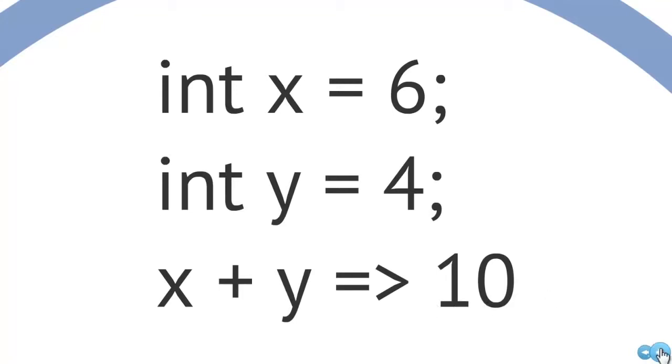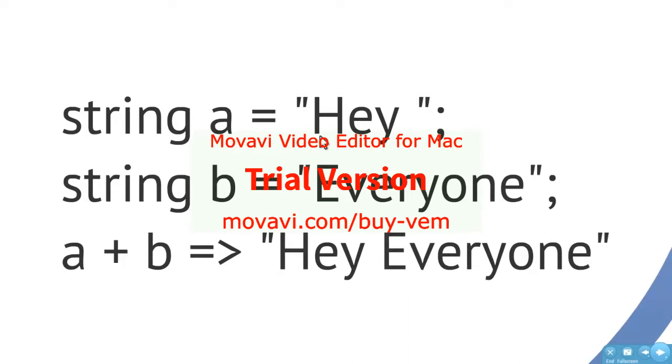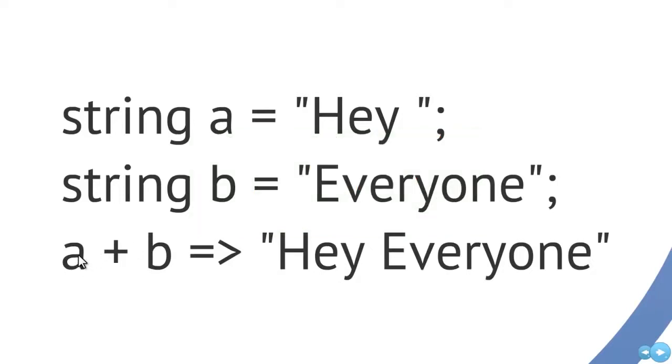Let's take a look at another example. Here we have two string variables, a and b. The first string variable, a, has the string "hey", and the string b has the string "everyone". So if we were to see a plus b, we know that since we're dealing with strings, this plus operator is actually performing concatenation.